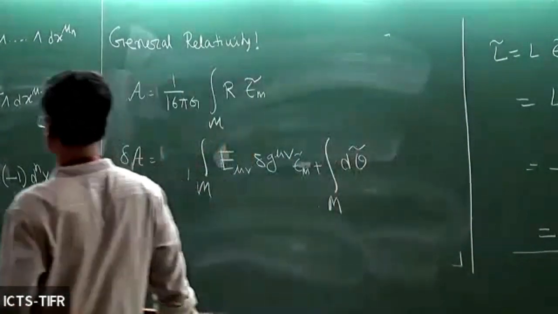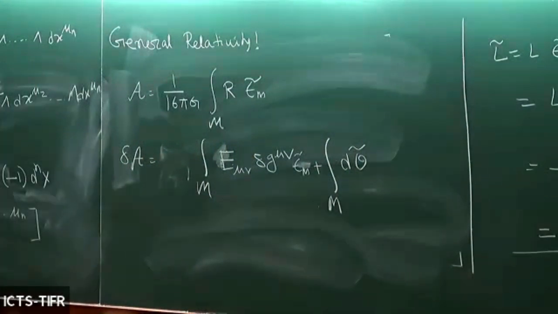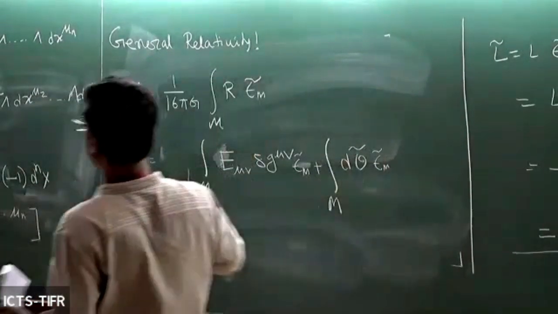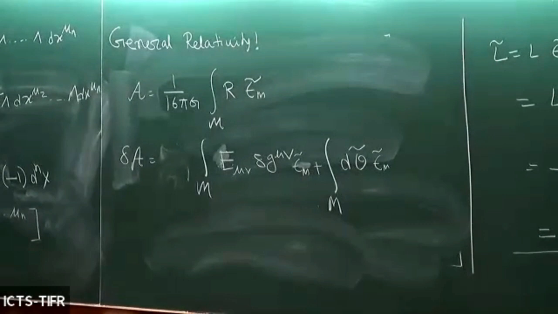Let's keep it that way. I don't need the volume form because it is already included here. Epsilon tilde, where? Is it required? I think I have already included it, right?